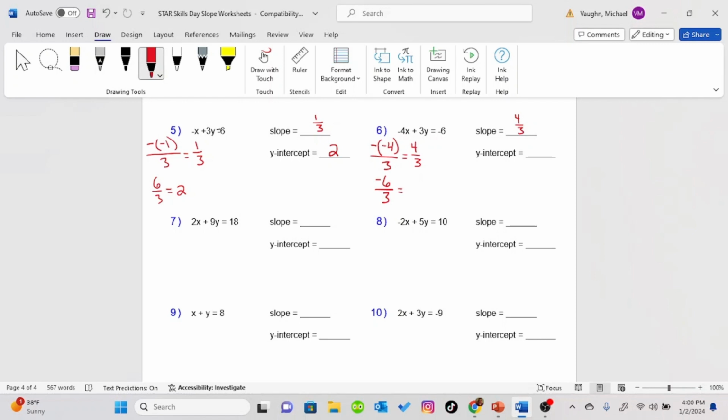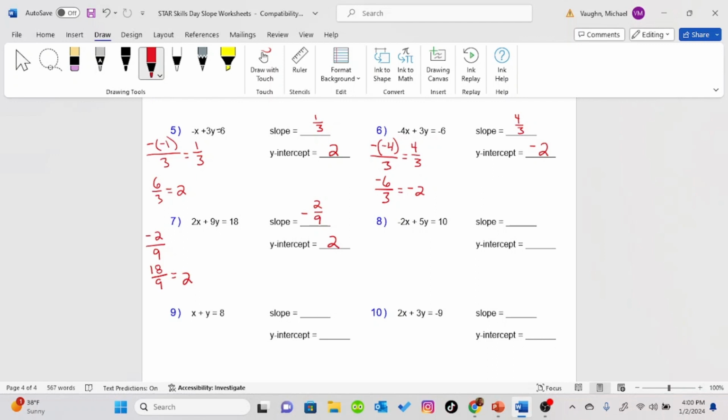Negative 6 divided by 3 is negative 2. Number 7, slope is negative a over b. So my slope is negative 2 over 9. And my y-intercept is c over b, and 18 divided by 9 is 2.